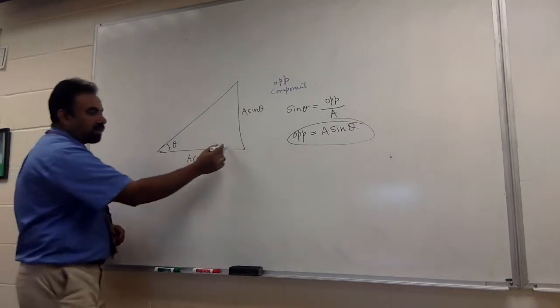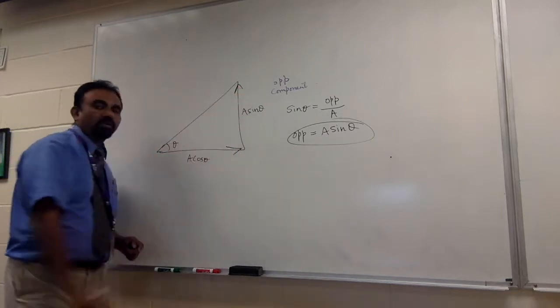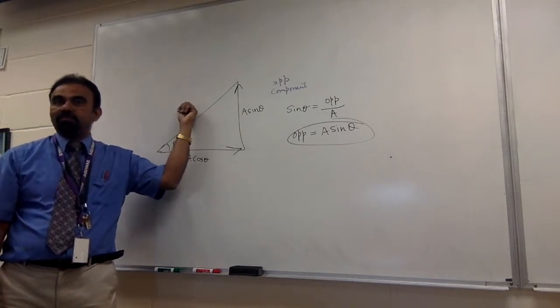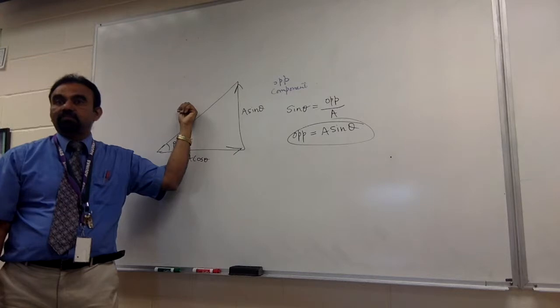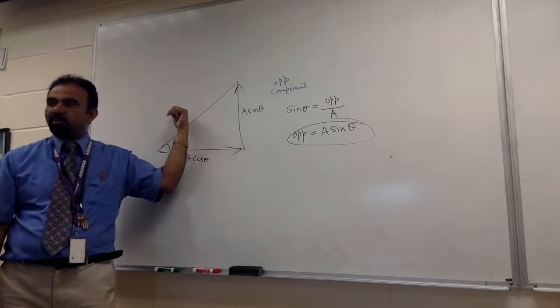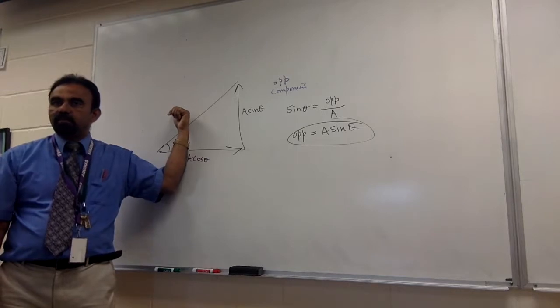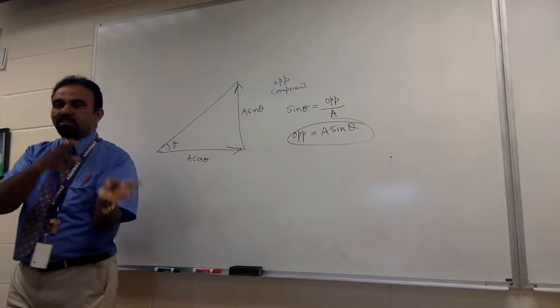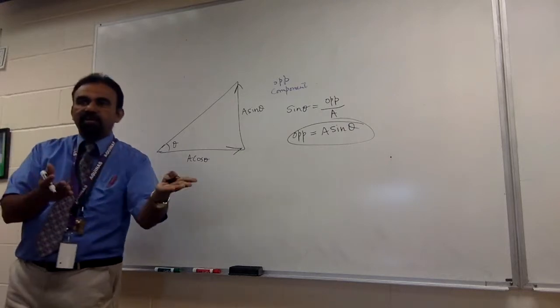So if I give you two components, one going this way and one going this way, can you use these two components to find this? What do you do? If I give you the two vectors and ask you to find this, yeah, you're finding the resultant, right? So resolving is simply the opposite of finding the resultant.